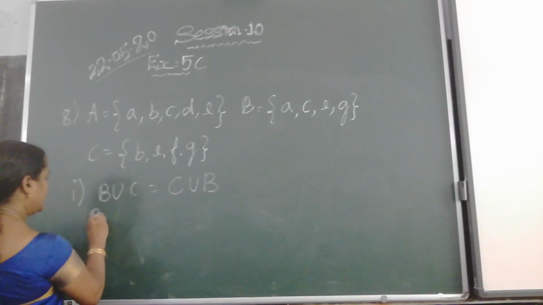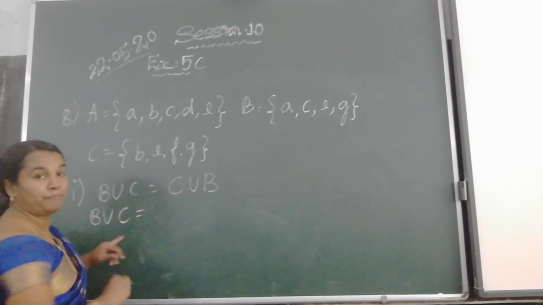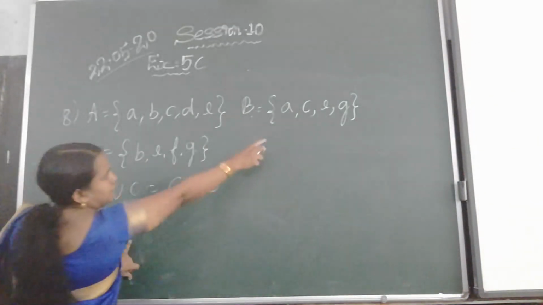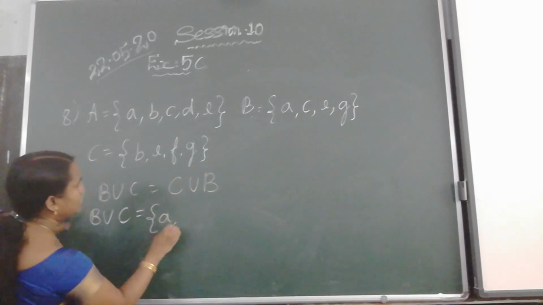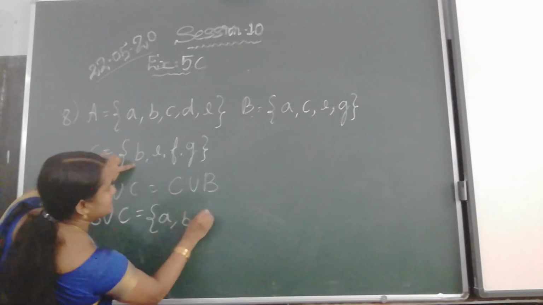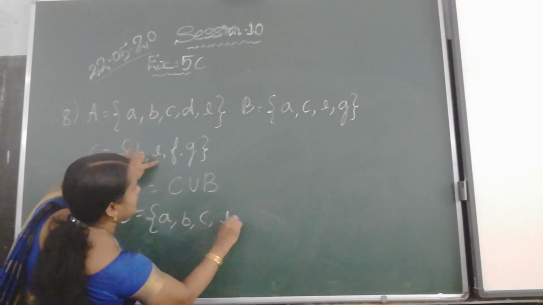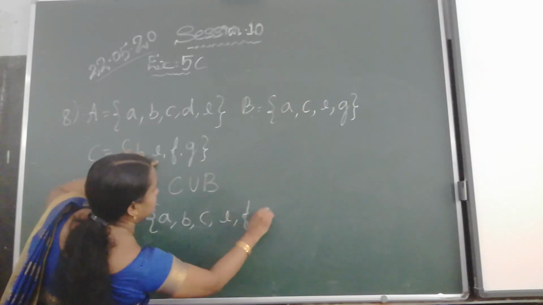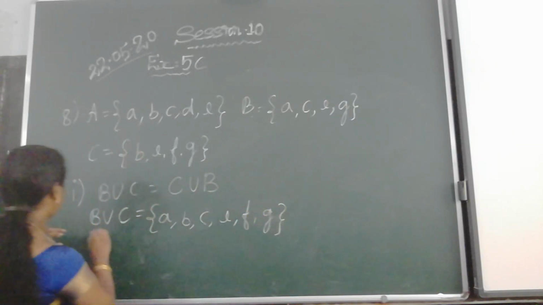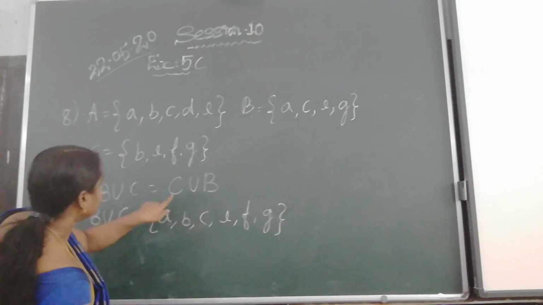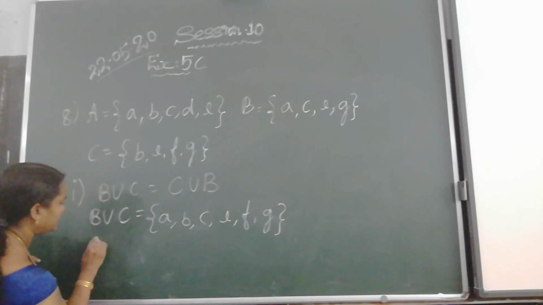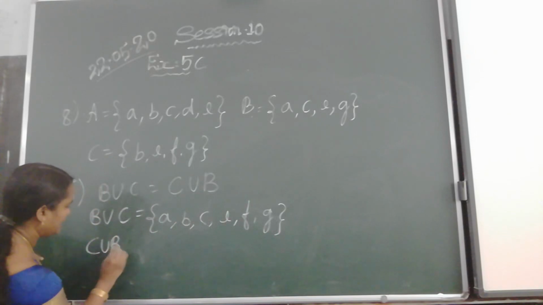That means first we will write A, then B, then C, then E, F, G. This will come in B union C. Okay. After that they told C union B. Now we will do C union B.